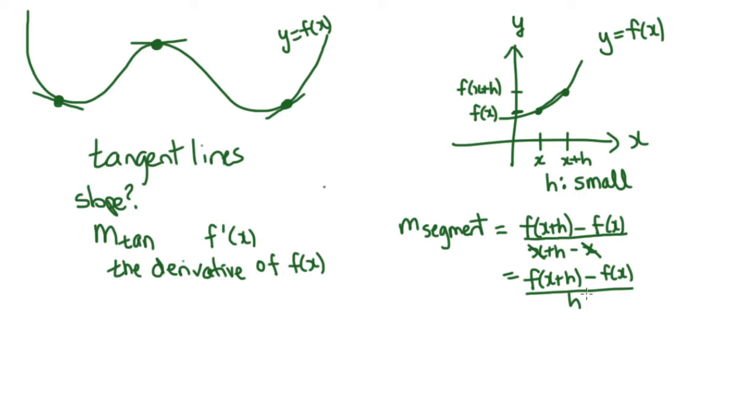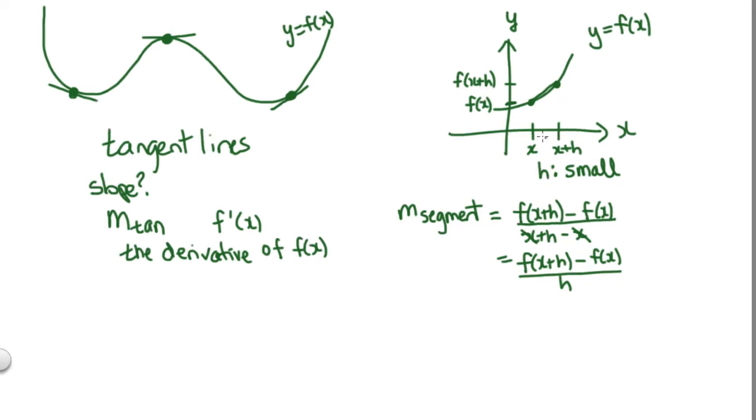Now let's get on to our main question of figuring out what is the slope of a tangent line to this curve here. Let's take a look at what happens as we let this small quantity h go to 0. As h goes to 0, these 2 points here get closer together.